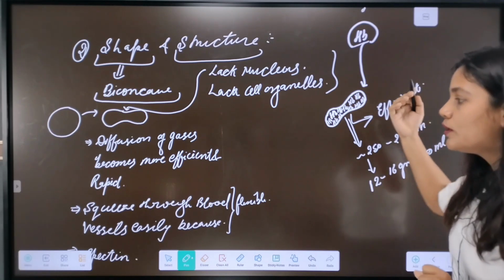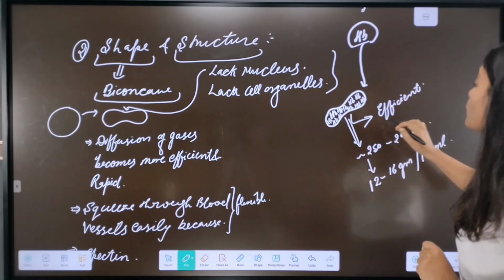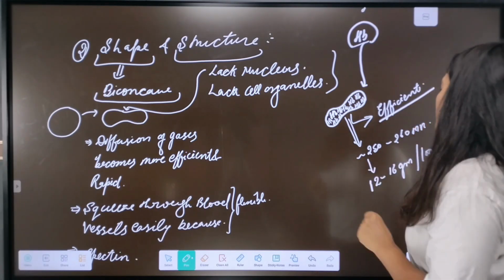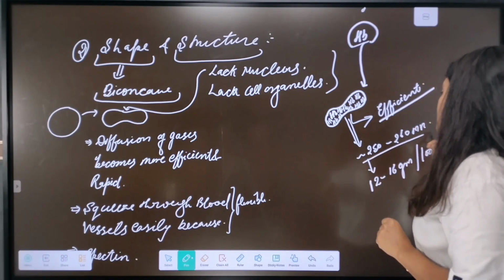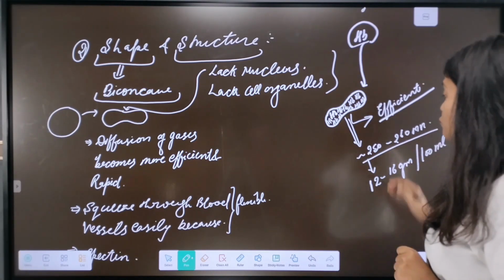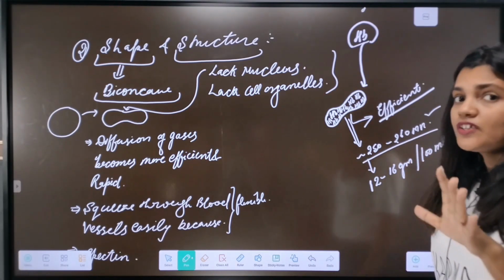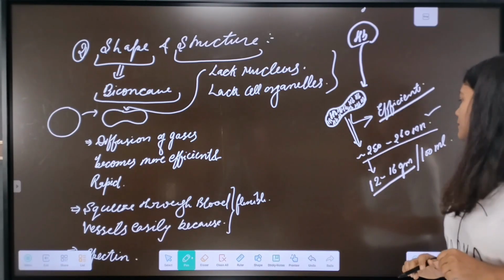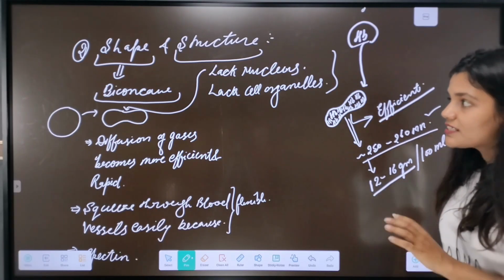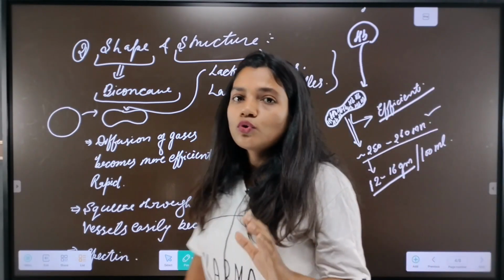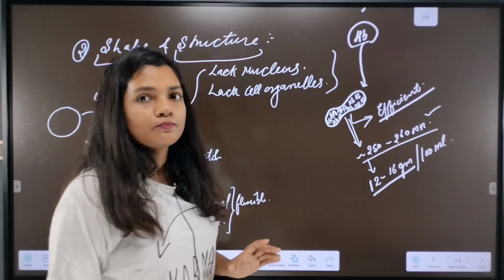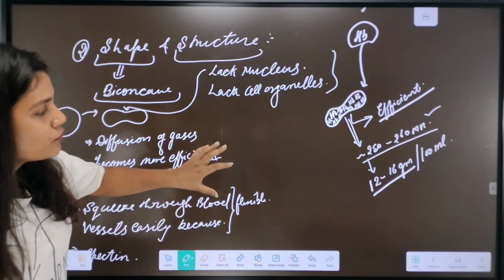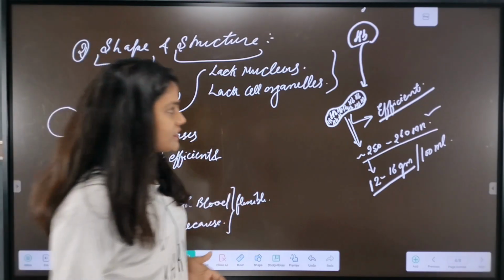That's why, from a working point of view, they become more efficient, and this lets them carry more and more hemoglobin. The number is much more than we can imagine, and this much hemoglobin can be packed in a single cell. So you can see how efficient it becomes.